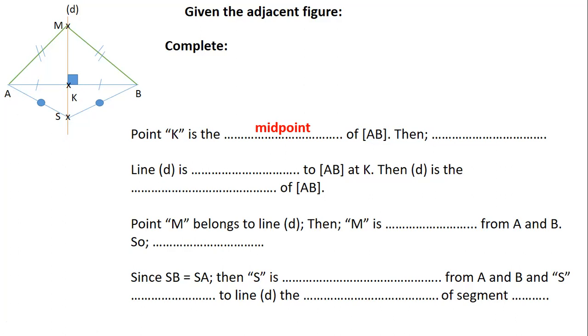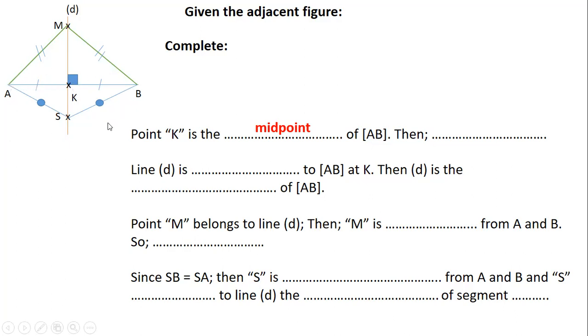You said that K is the midpoint of segment AB, right? Yes. Then point K is in the middle of AB, right? Yes. Then what can you say about AK and KB?